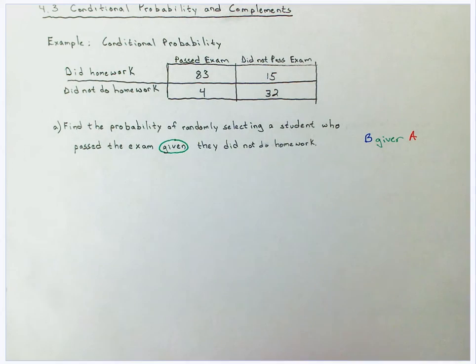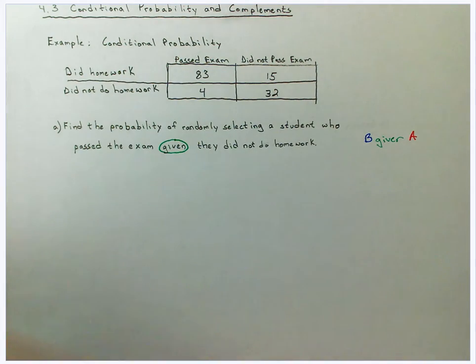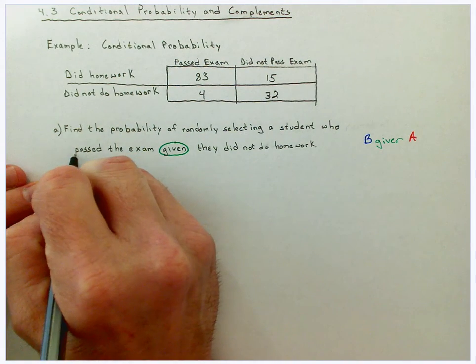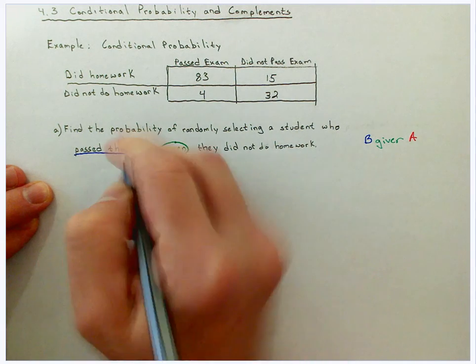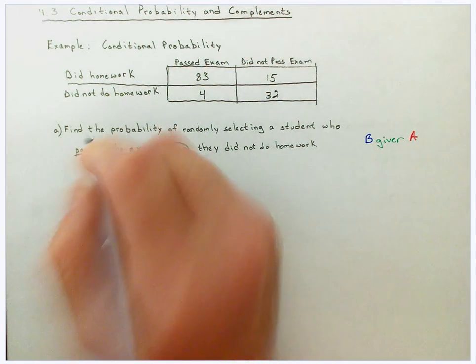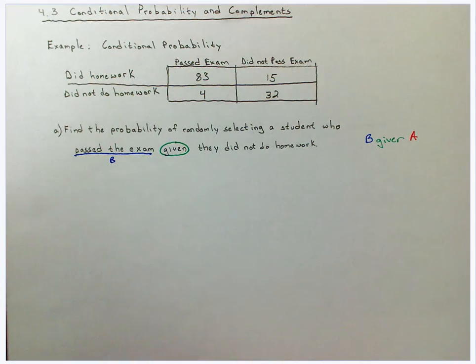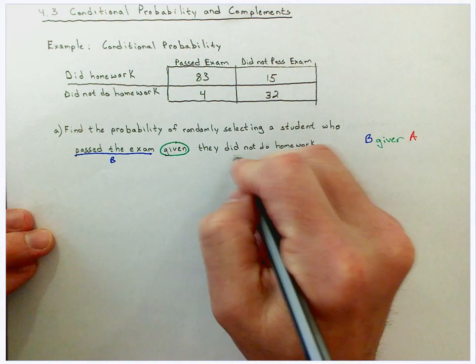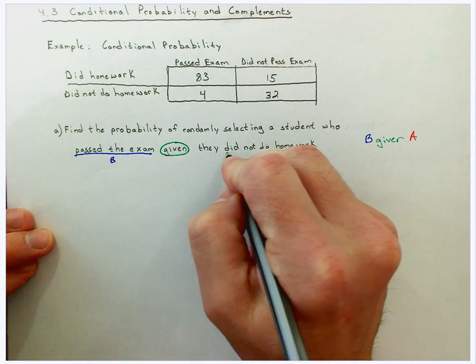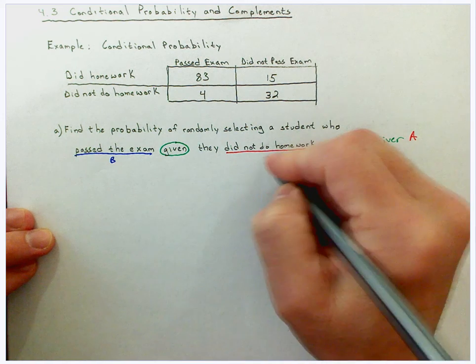B given A. So B is pass the exam. It's to the left. This is B. And then what's to the right? Did not study. Or sorry, did not do homework. And that's going to be A.